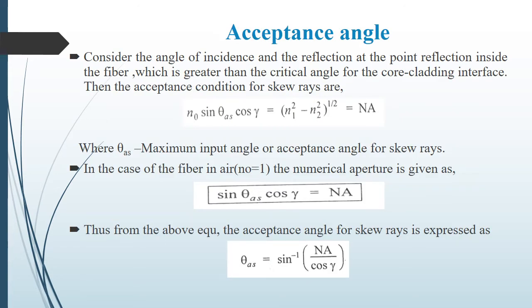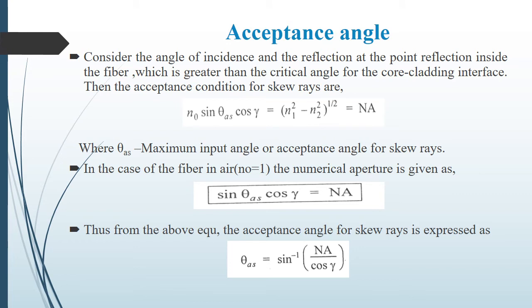So next we are going to see the acceptance angle. The acceptance angle considers the angle of incidence at a reflection point inside the fiber, which is greater than the critical angle for the core-cladding interface. The acceptance condition for skew rays is n0 sin theta as cos gamma equal to n1 square minus n2 square, the whole power 1 by 2, that is denoted as the numerical aperture.